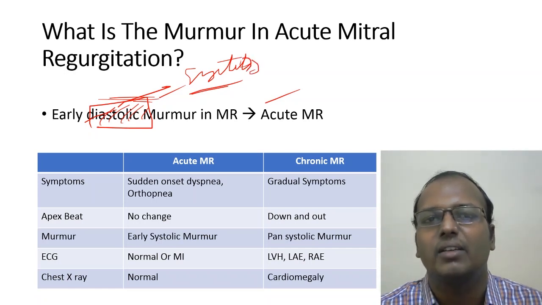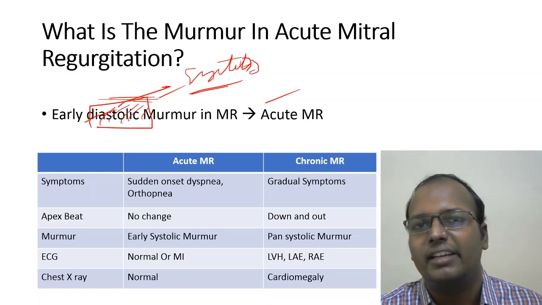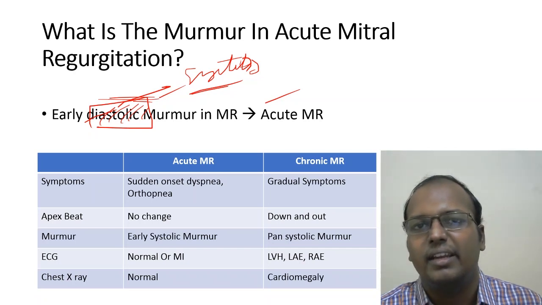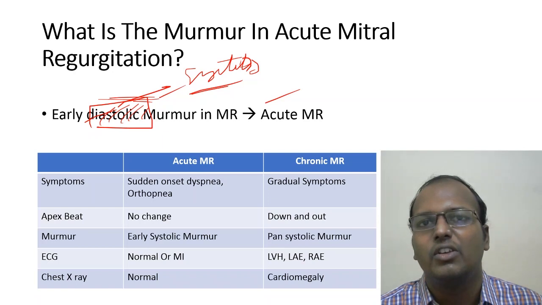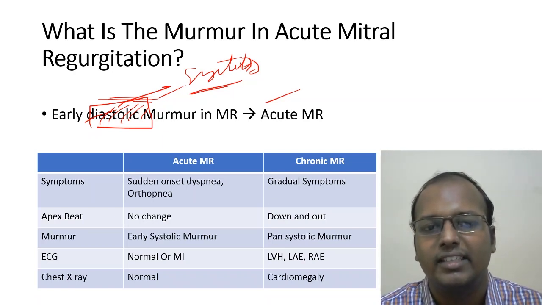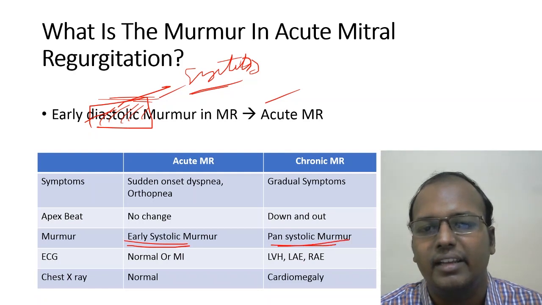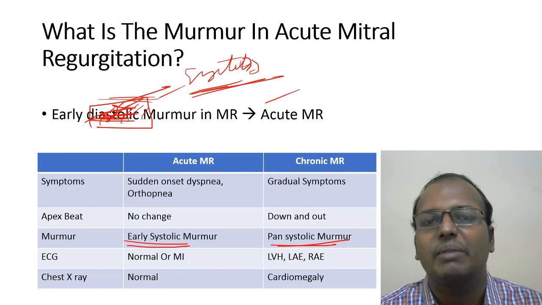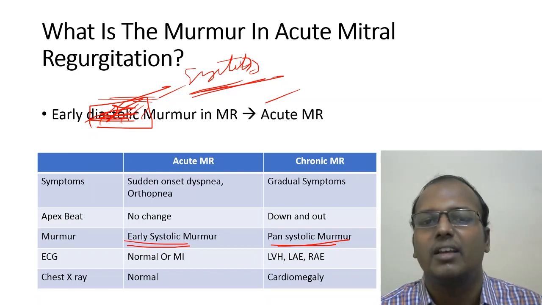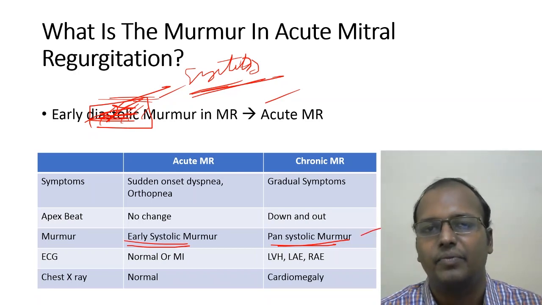Whereas here, the gradient will be attained early because the left atrium is small. It will not be able to accommodate the increasing blood pumped by the ventricle. So the murmur will be short. It will be confined to the early phase of systole only. So it is described clearly and correctly here, but this is wrong. It is an early systolic murmur in acute MR, whereas a pan-systolic murmur in chronic MR.